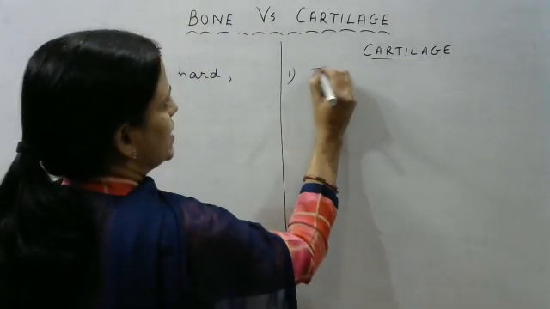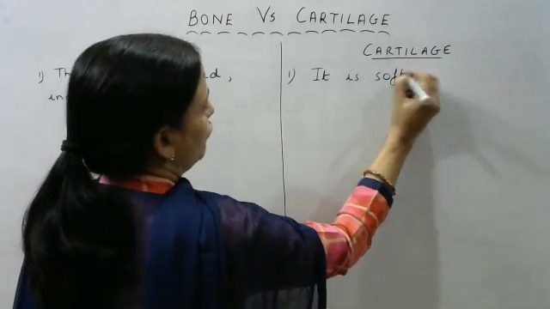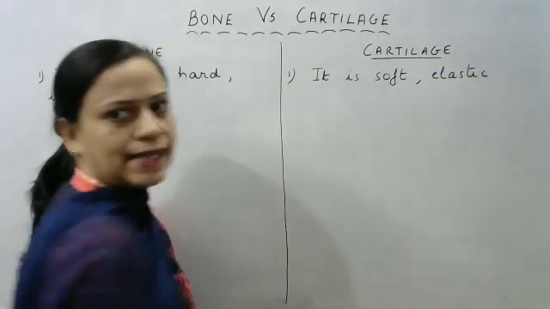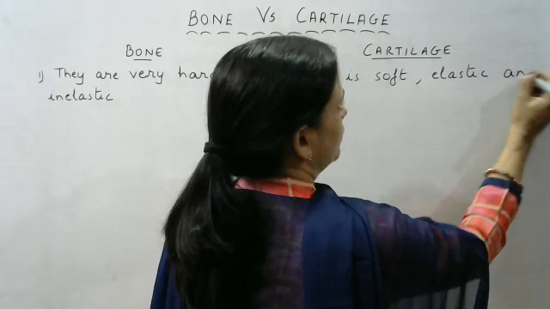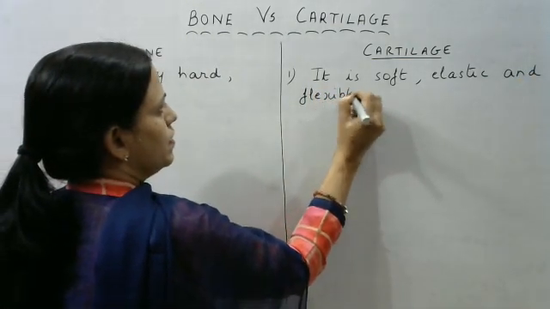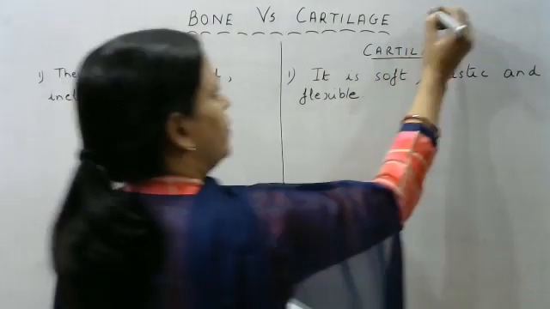So cartilage is soft, elastic and flexible. So this is the first point of difference between bone and cartilage. We all know that bone and cartilage both are types of connective tissue.